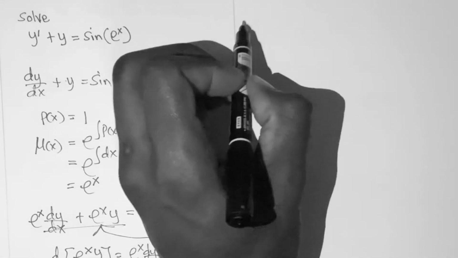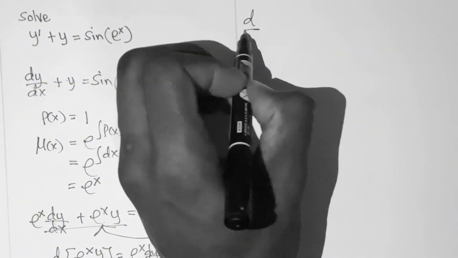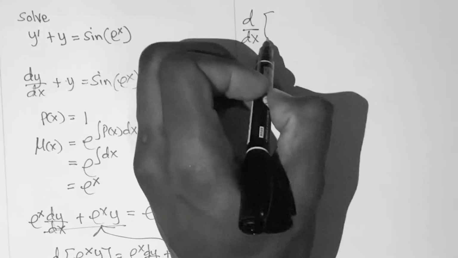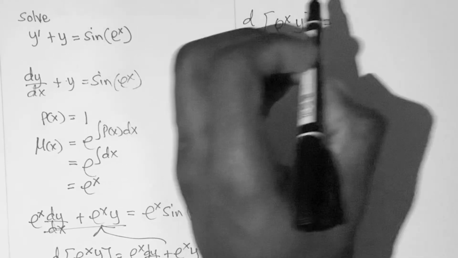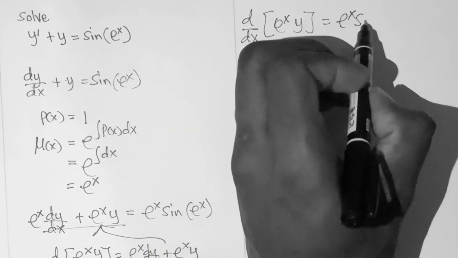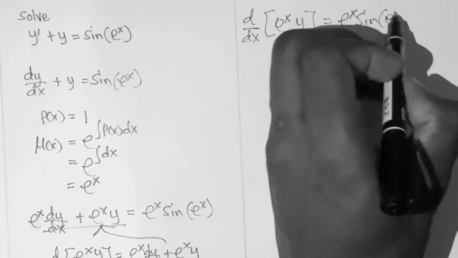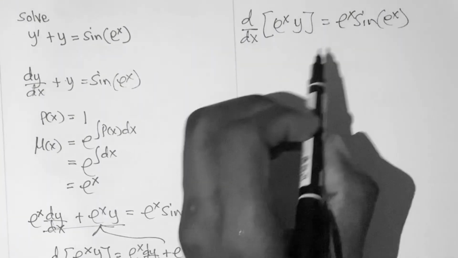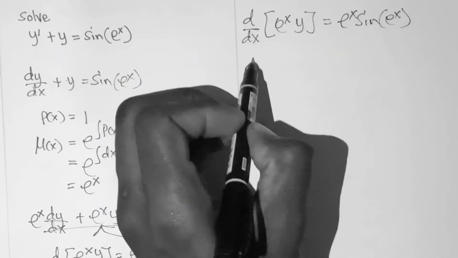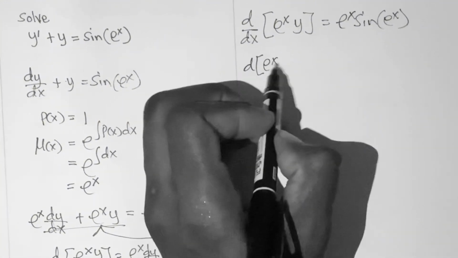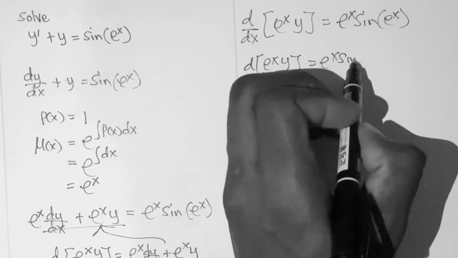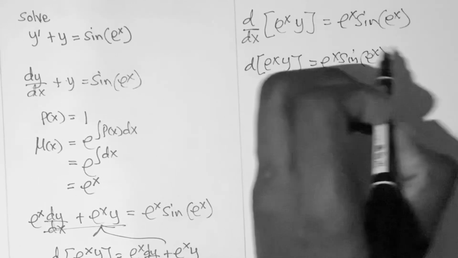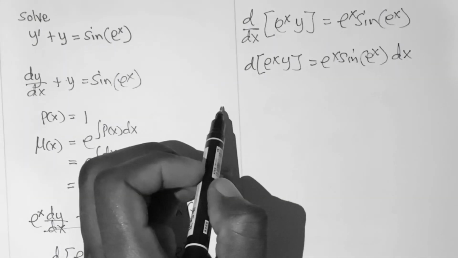So we now have d/dx of e^x y is equal to e^x sin(e^x). So let's multiply through by dx. So we have d(e^x y) equals e^x sin(e^x) dx. So we can go ahead and integrate.